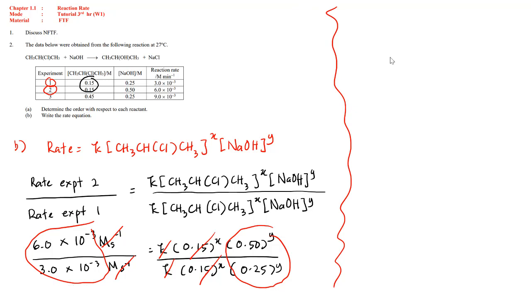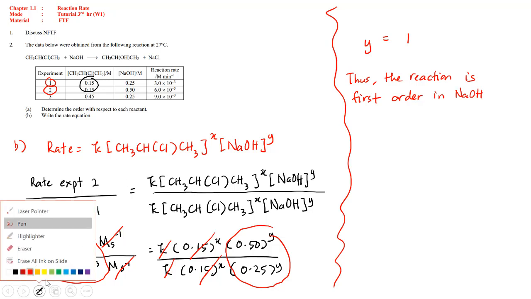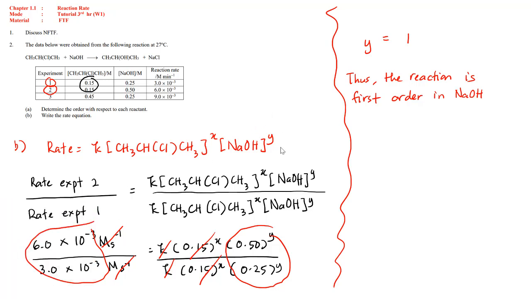Solve by using your mathematics knowledge, you will get Y equals 1. Thus the reaction is first order in sodium hydroxide. Once again I remind you, you must write this, show all these steps and do not leave it at just this. You must write a statement to show what the order is, first order or second order.